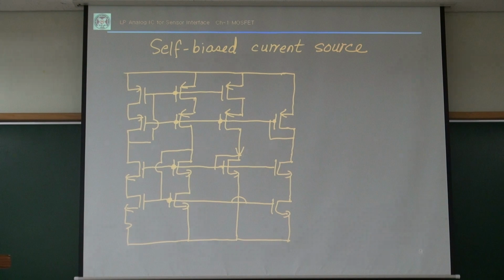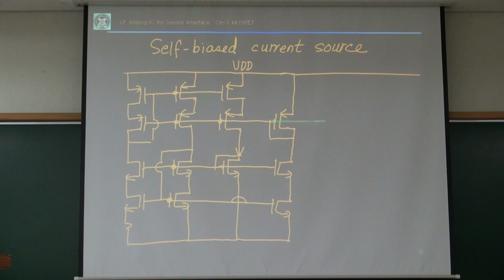So this one has two operating points. One is zero current. The other is the desired non-zero current. To avoid that zero current, we need a startup circuitry. How does that startup circuitry look like?